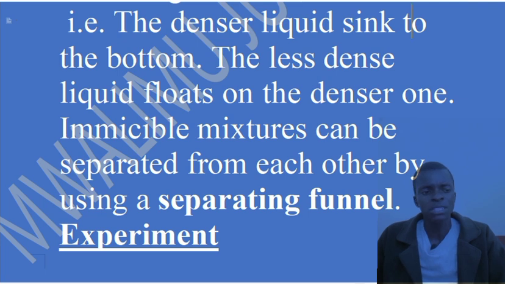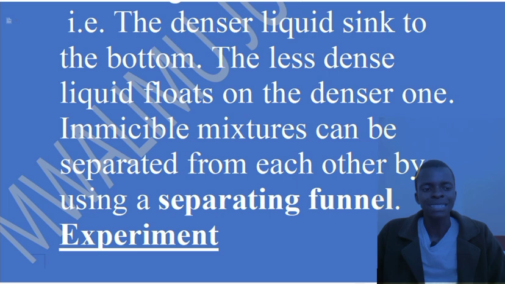We transfer the mixture into a separating funnel and allow it to settle for about 1 minute. We open the tap. After mixing them, now we want to separate them. We open the tap and run out the layer on the bottom slowly into a clean beaker. Then we close the tap when the upper layer is close to the tap.